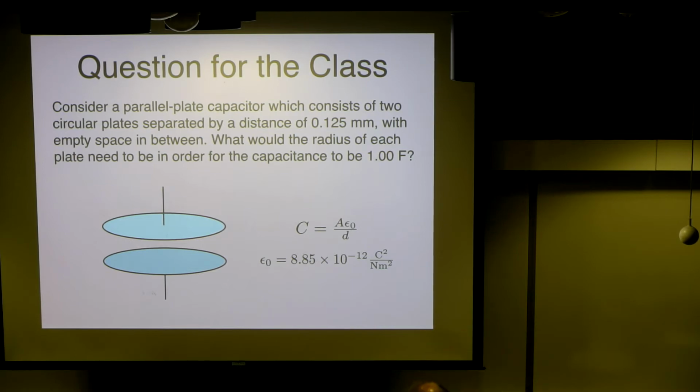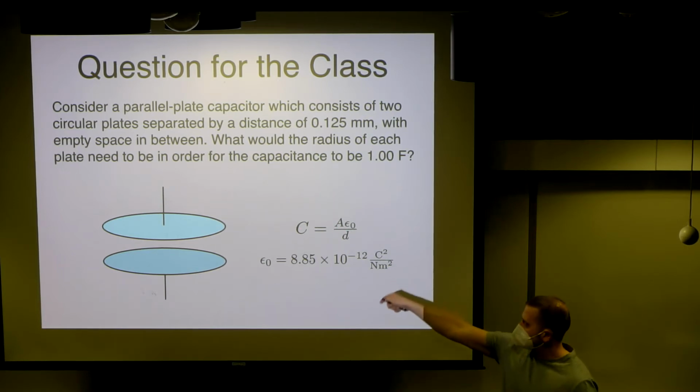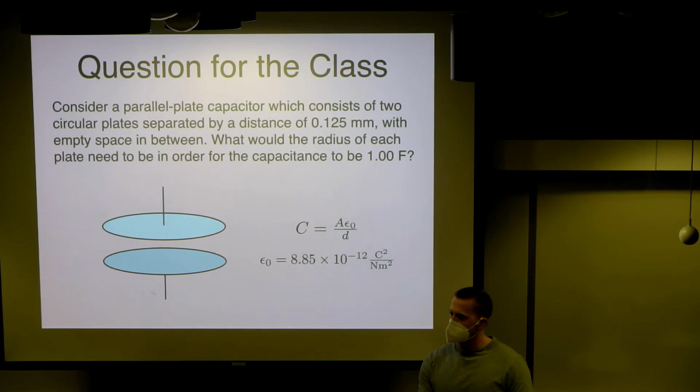So my question for you is, how big would we have to make the plates? What would the radius of the plates have to be if we wanted this to be a 1 farad capacitor? If we wanted the value of C to be 1 farad. So use this formula that we derived. Basically, you're going to calculate what the area of the plates is, given that C is 1 farad. And then based on that area, you're going to tell me the radius of the plates. Okay?